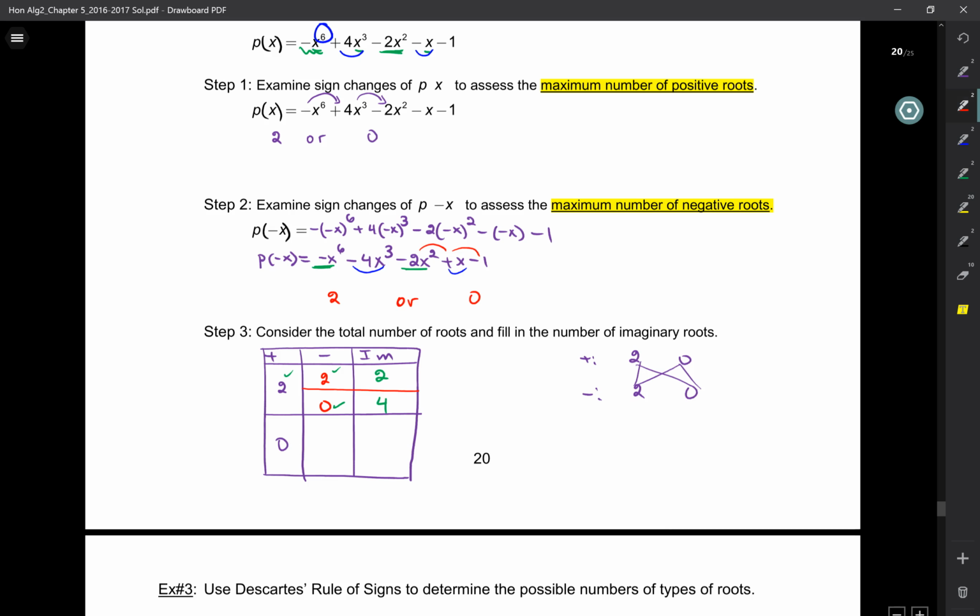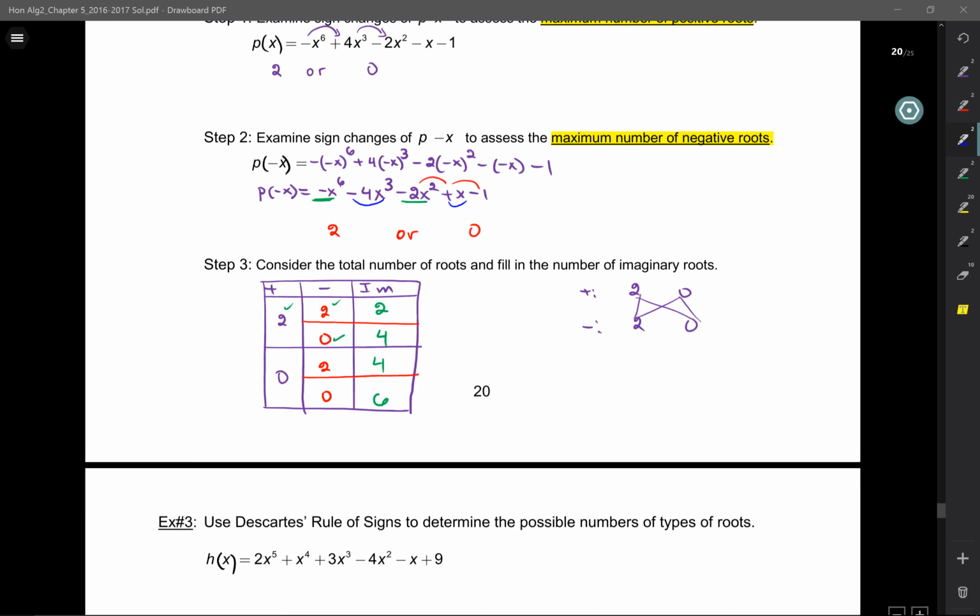Now, if it's got 0 positive, it could have 2 or 0 negative. All right, so if you have 0 positive, 2 negative, how many imaginary? 4. And if you have 0 positive, 0 negative, how many imaginary? 6. All right, so each row has to add up to the degree.